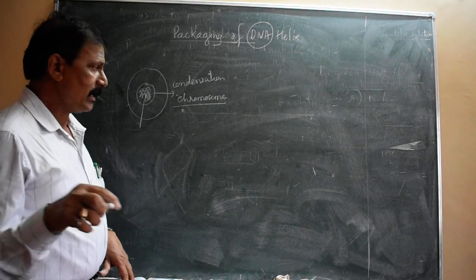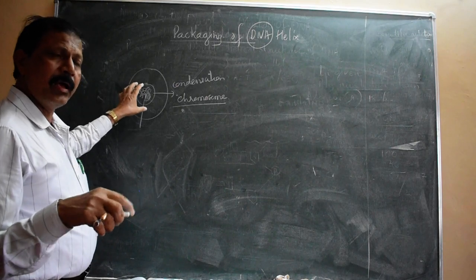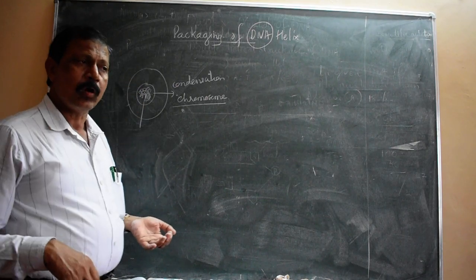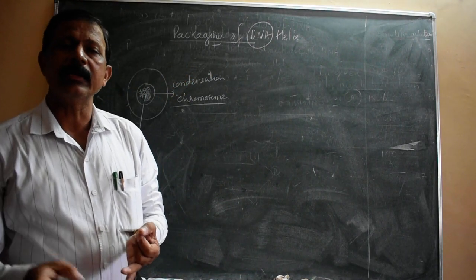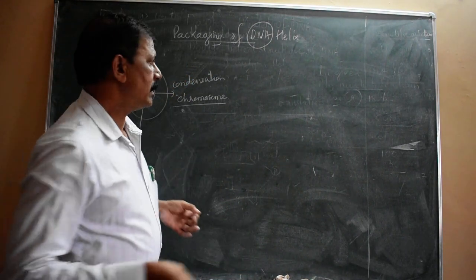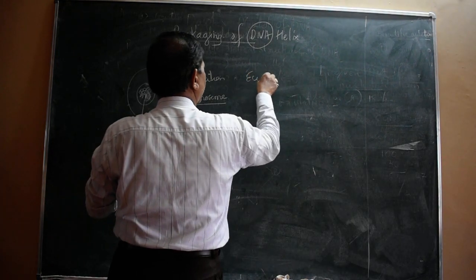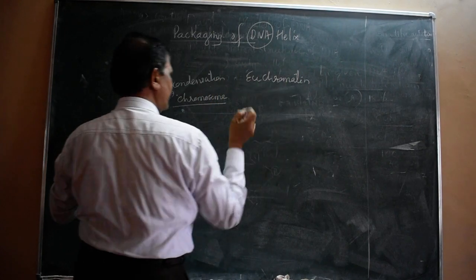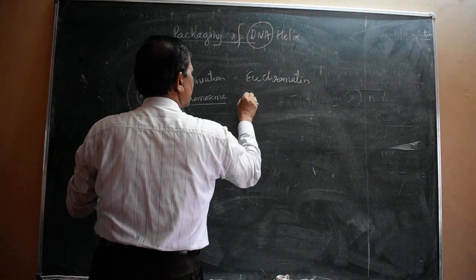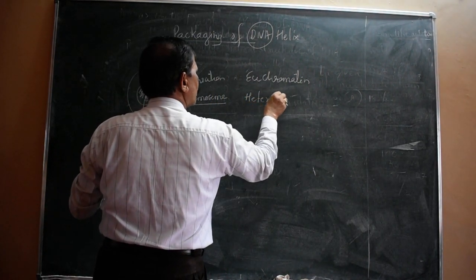And this DNA present in the chromosome is in two forms: one is the genetically active part, and another one is the genetically inactive part. So the genetically active part of the chromosome is called euchromatin. All this you studied; just go through the notes given in the previous class. I am just revising this. And another one is heterochromatin.